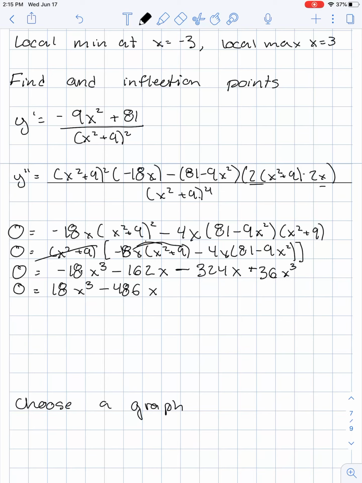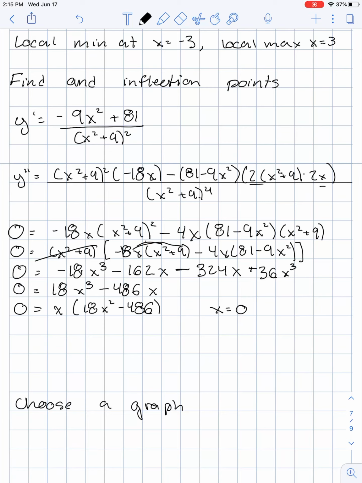Cool. So I can pull an x out. So I get x times 18x squared minus 486 equals 0. Therefore, x equals 0 is an inflection point, or possible inflection point.